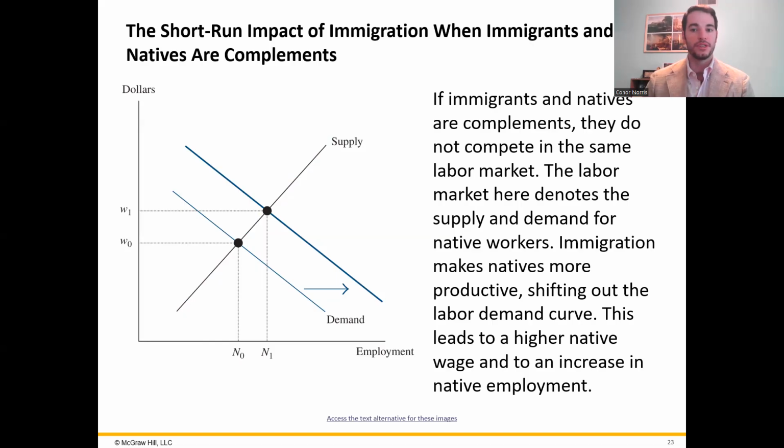Now, what's important to note here is that not all immigrants are the same skill level, and not all natives are the same skill level. So a richer analysis would consider both high-skilled and low-skilled native workers, decomposing the effect of immigration by the different groups. We could even dial down to specific industries. So there are some industries that immigrants tend to work in much more than other industries.